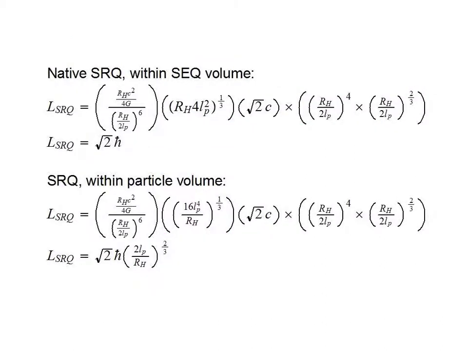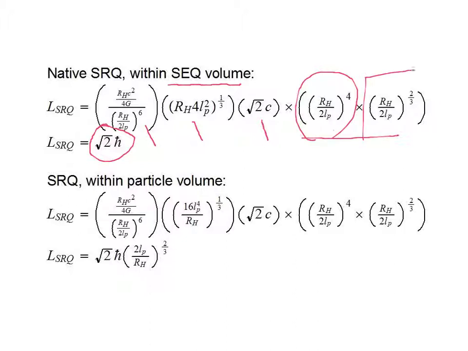And looking at the SRQ, the small radius quantum, shrunk within an SEQ volume, we get the conserved value, the square root of 2 times h bar, taking the mass of the SRQ times the SEQ radius times the tangential velocity times the number of SRQ within one SEQ and the number of SEQ within the particle.